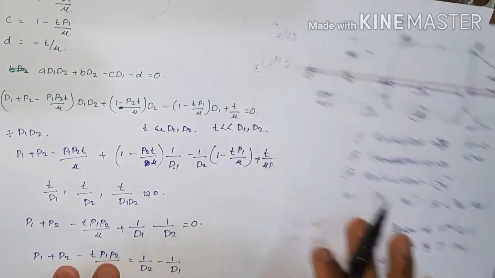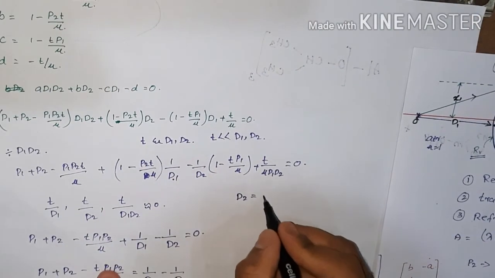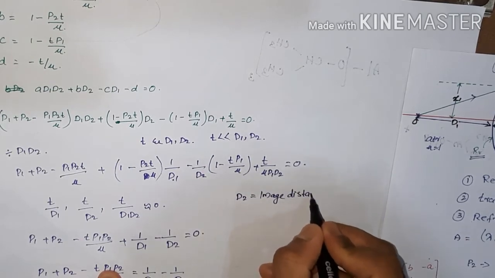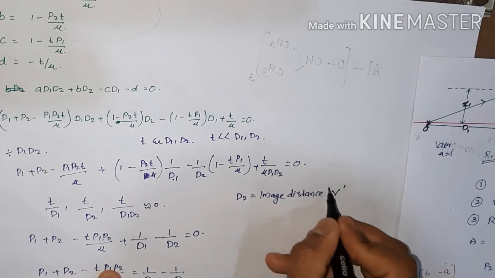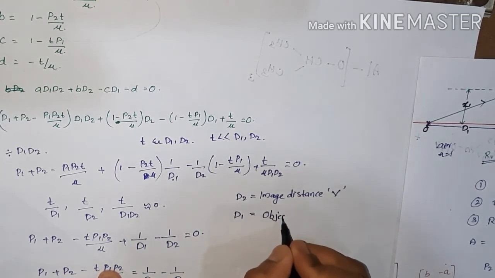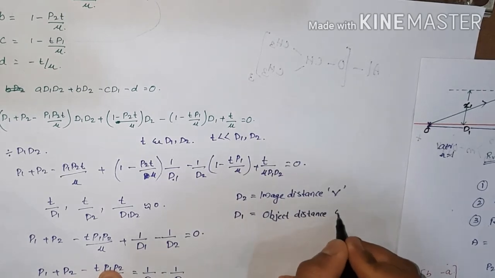So I can simply write d2 is equal to the image distance v, and d1 is the object distance u.